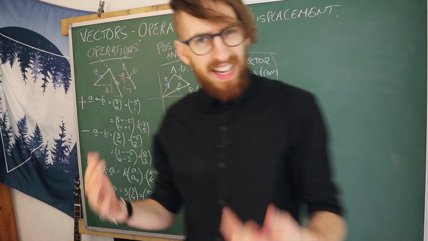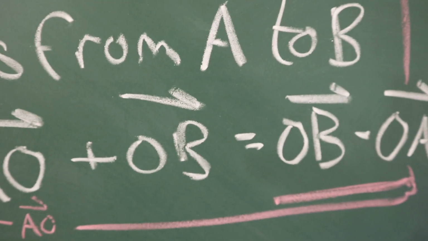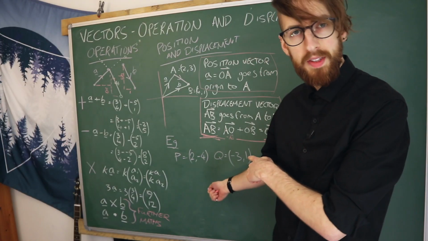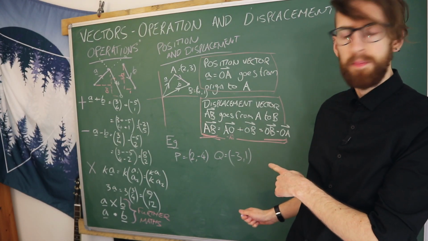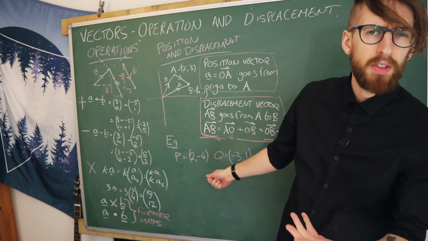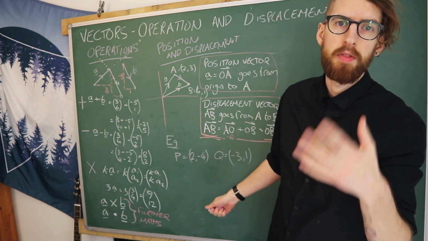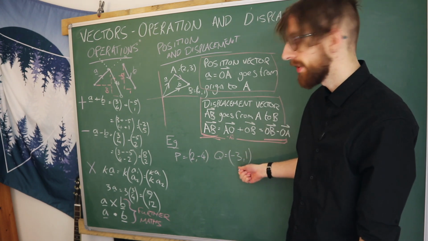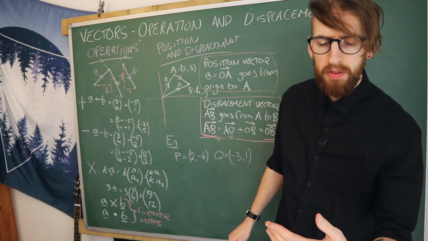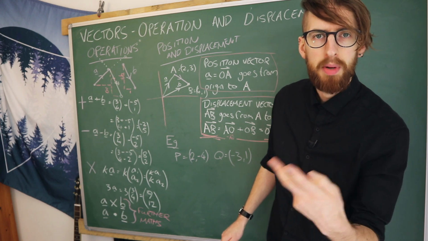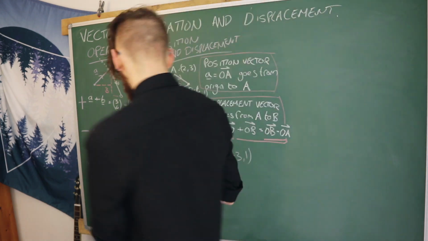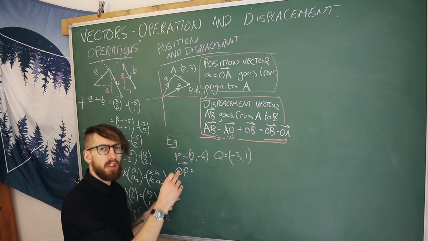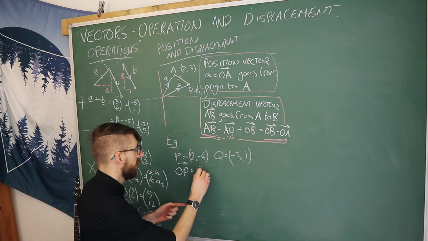So this obviously isn't that clear without a nice little example. So let's get a little question ready for us. This is our question. Can you see it? Yep. Now, often when you're doing vectors, you get given them in terms of P's and Q's and that kind of stuff. P is 2, minus 4 and Q is minus 3, 1. The question is, find OP, OQ, and then PQ. So let's start with OP. Now this is easy. We're just going to take our coordinate and turn it into a vector.